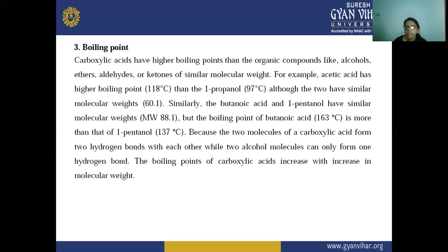Similarly, butanoic acid and 1-pentanol have a similar molecular weight, but different boiling points. Butanoic acid has a higher boiling point, 163 centigrade, and 1-pentanol has a lower boiling point, 137 centigrade.